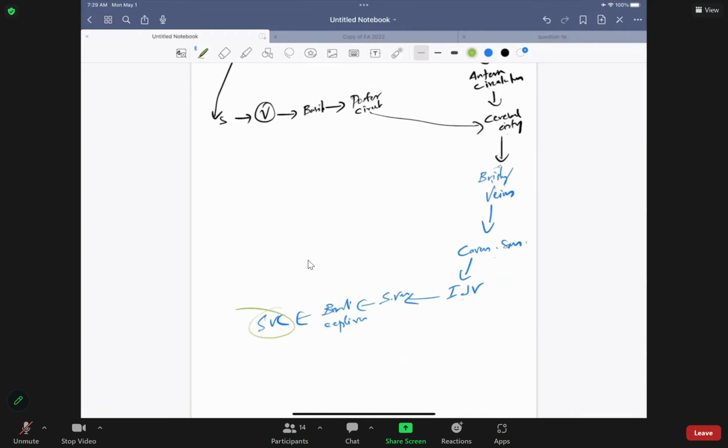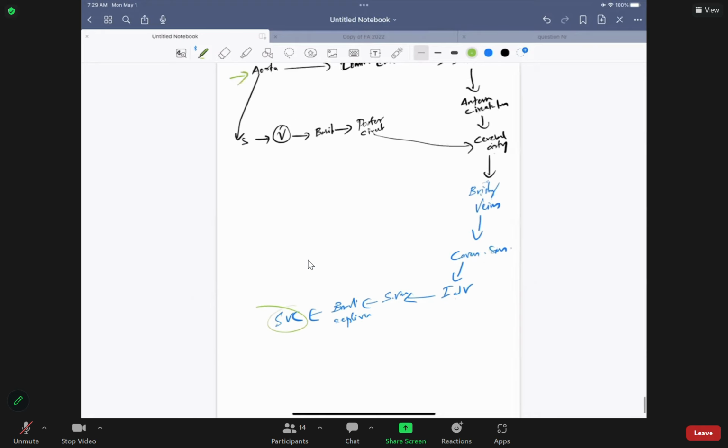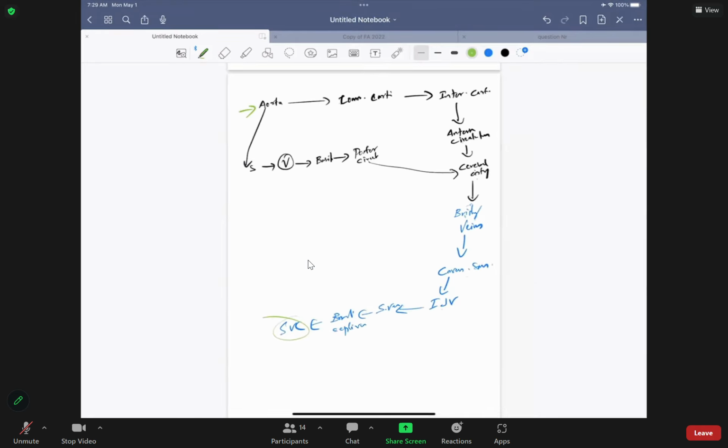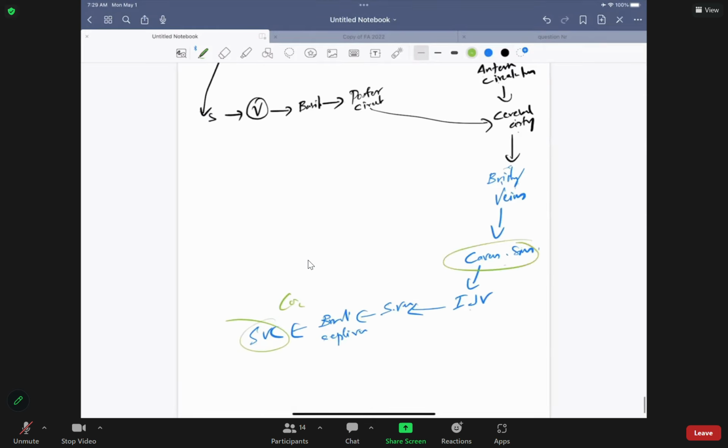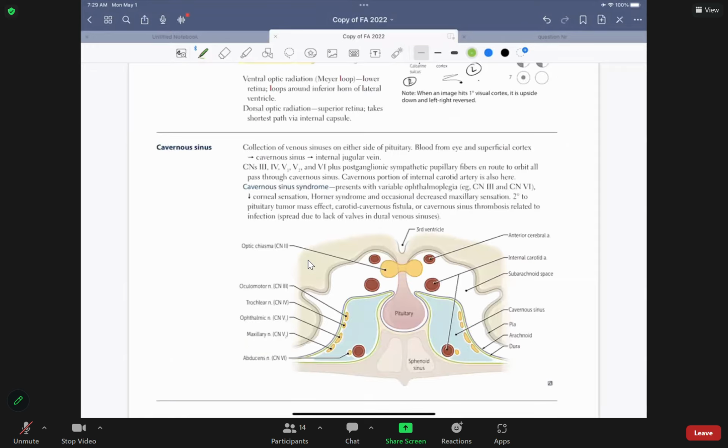Agree? It should go and come back. This is the whole circulation of the brain, folks, how blood goes. Oxygenated blood enters, carbon dioxide comes out. So the cavernous sinus is like a pool where the blood is filling before it comes out of the brain. That's what cavernous sinus is.